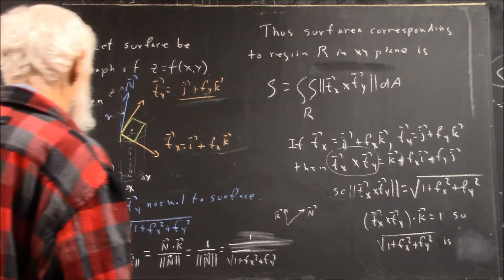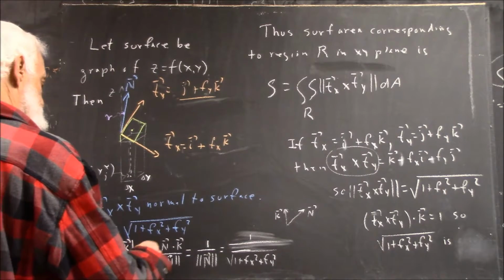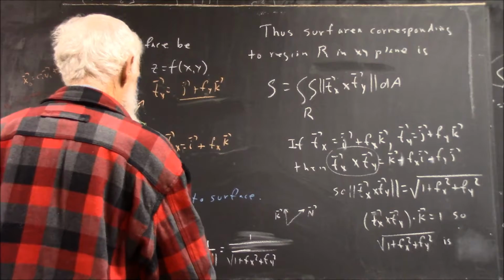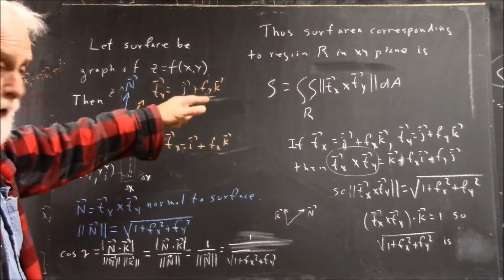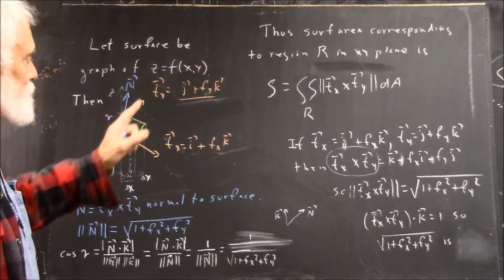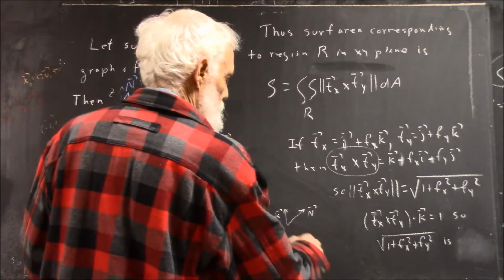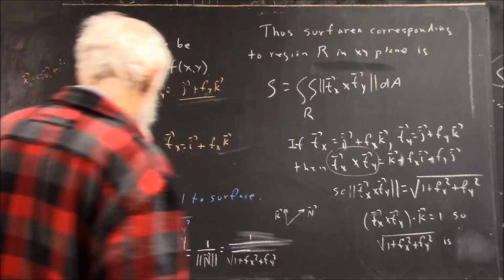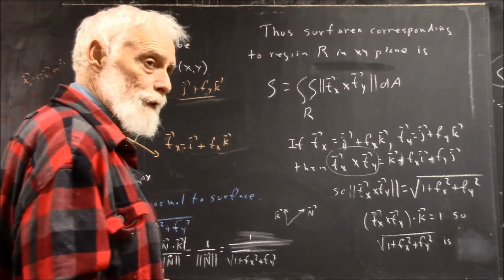Since the scalar projection could be negative 1, I've got to take that into account, the magnitude of n dot k. Gamma doesn't care whether n is up here or down here. The angle gamma is still the same.